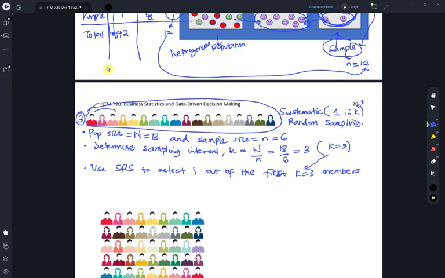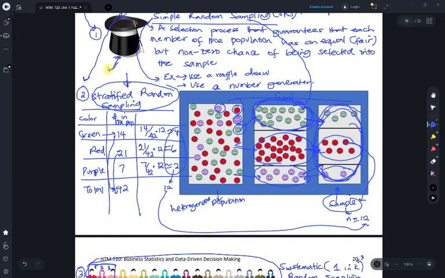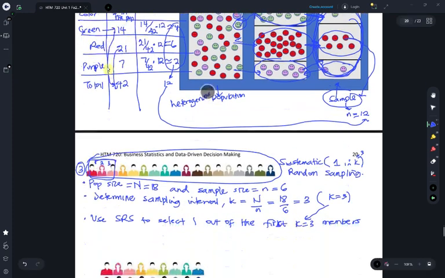So for instance, this is the first group of 3. I'll name them 1, 2, 3. Then I'll put 1, 2, 3 in a hat like this. Then I'll randomly draw one number. Let's say I drew number 2. It means this person, number 2, makes it into the sample.